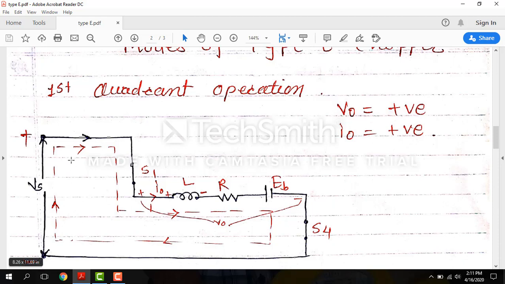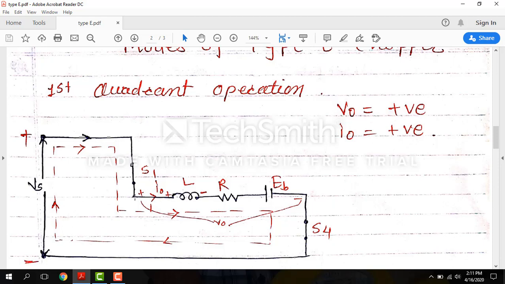When the current is flowing through the inductor, the inductor will store energy with this polarity, positive and negative. The direction of current is the same as the assumed direction, so the output current is positive.